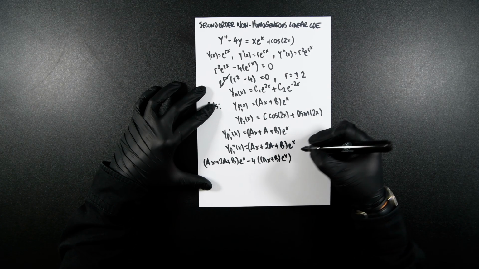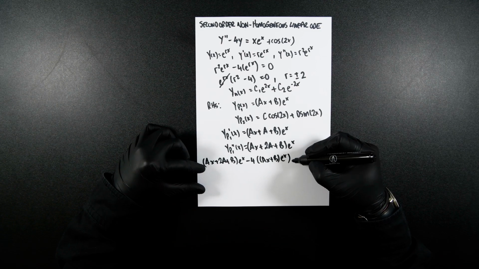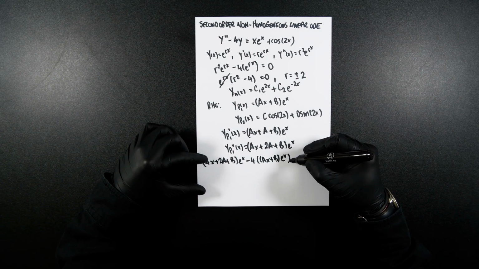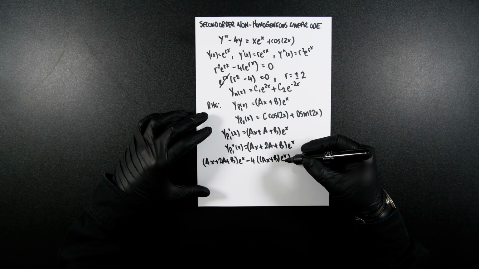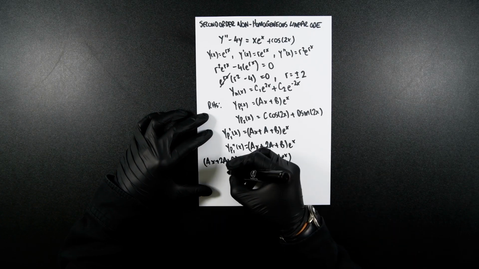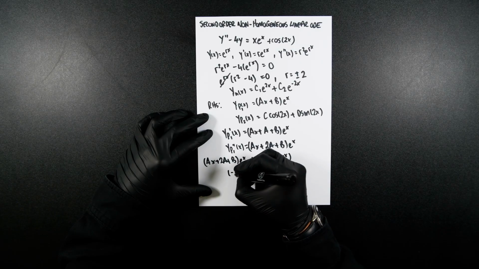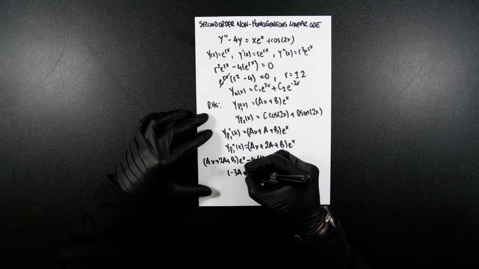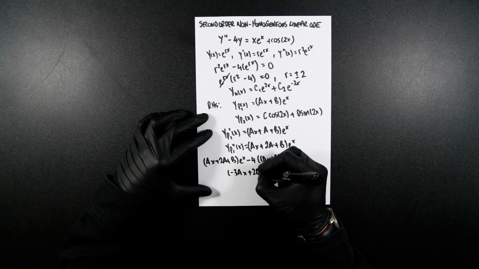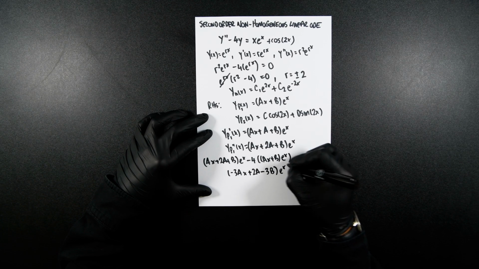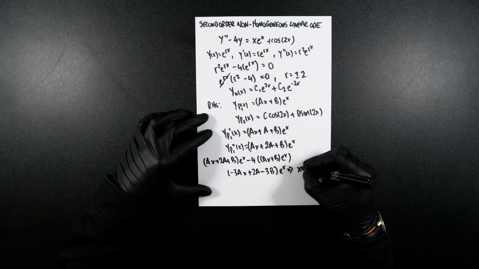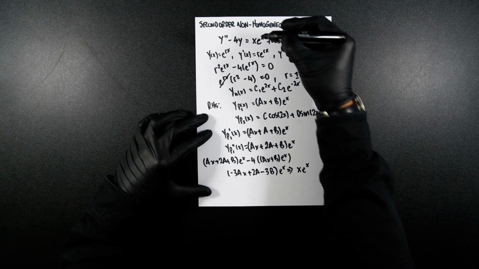Is that right? Yeah, that's about right. We're now going to simplify this. So I'm going to group together all my a terms and my b terms. So we should get something like (minus 3a x plus 2a minus 3b) e to the x, which is x e to the x. So that's equal to the right-hand term.